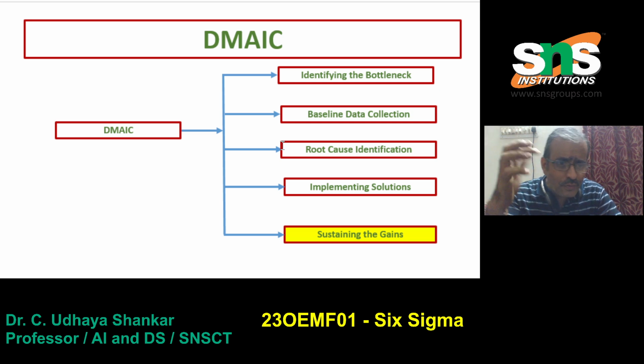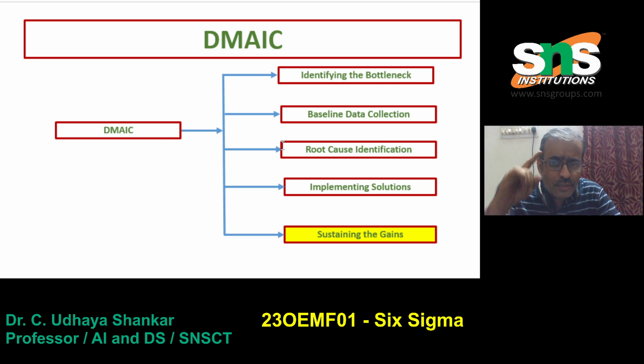The final control phase always ensures that the improvements are permanent. That is a very important concept. It should be a permanent one. It should not be a temporary one.